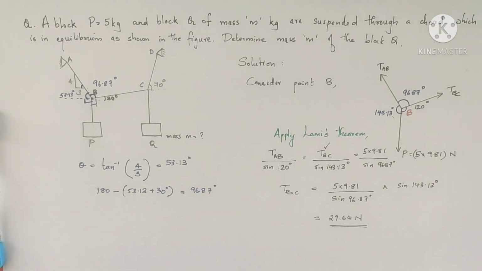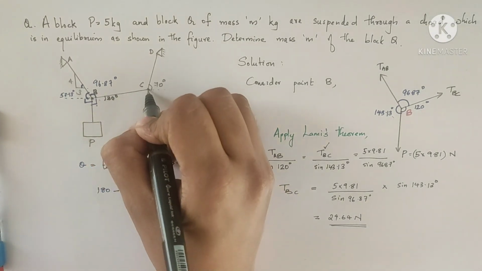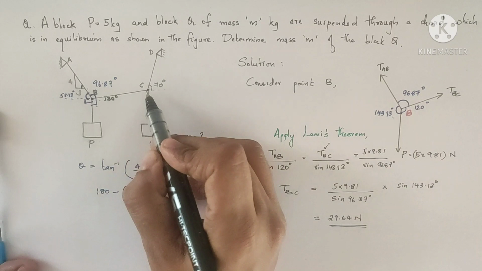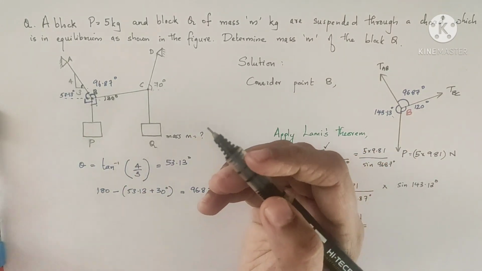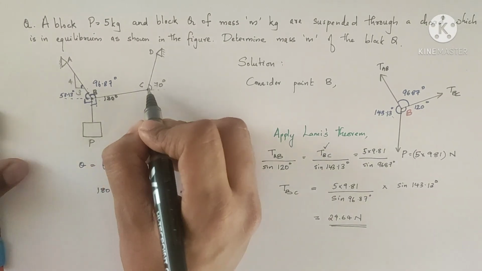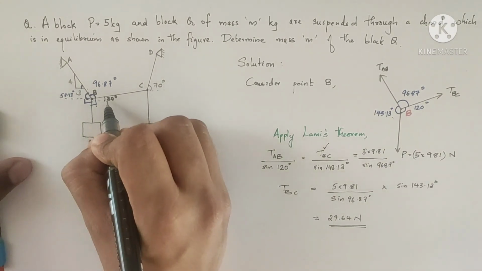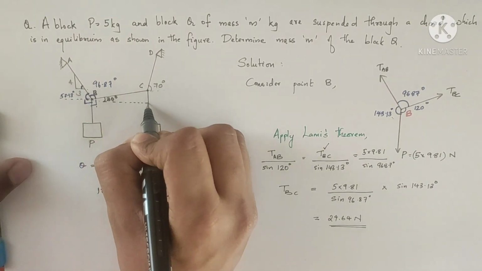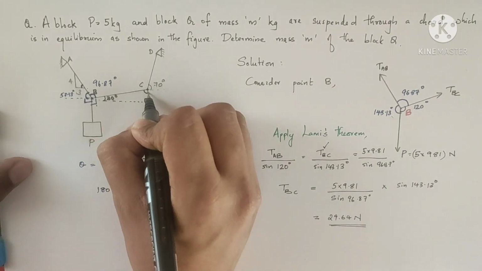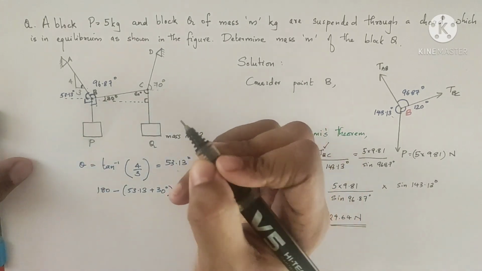Now we'll consider the second point, C. This is point C. Similarly, we'll identify the forces acting at point C, and also we have to calculate the angles. So first here I'll calculate the angles. Already 70 degrees given. You just try to complete this triangle. This is 90 degree, 30 degree. So we can find this angle, that is 60 degree, right?